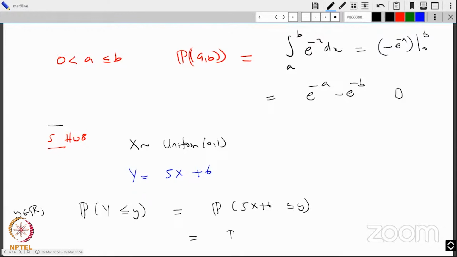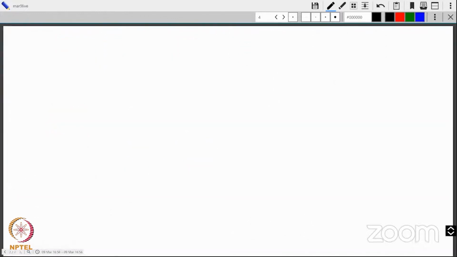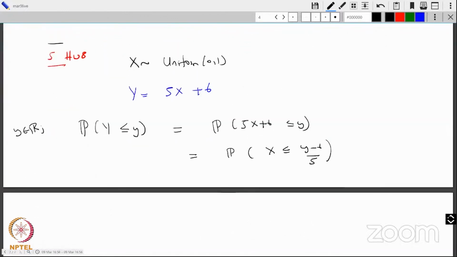Now that's the same as X is less than or equal to (y minus 6) divided by 5. Is the idea clear? That's just algebra I'm doing.